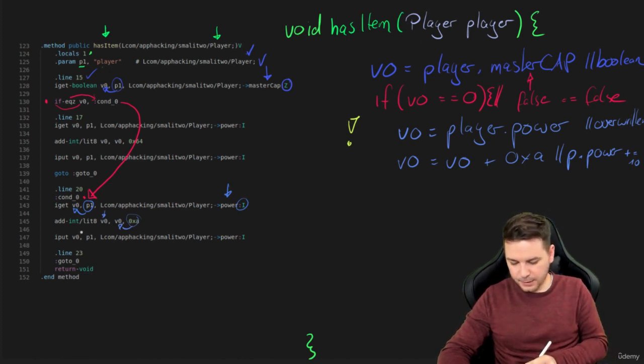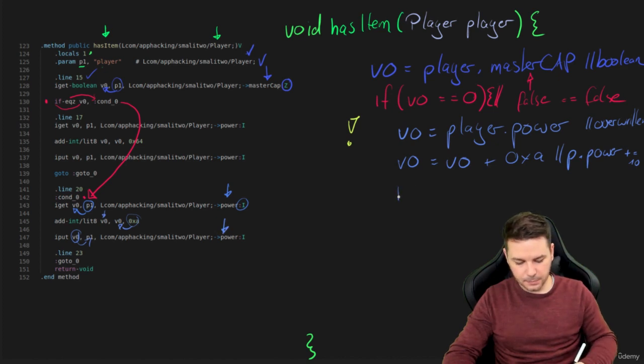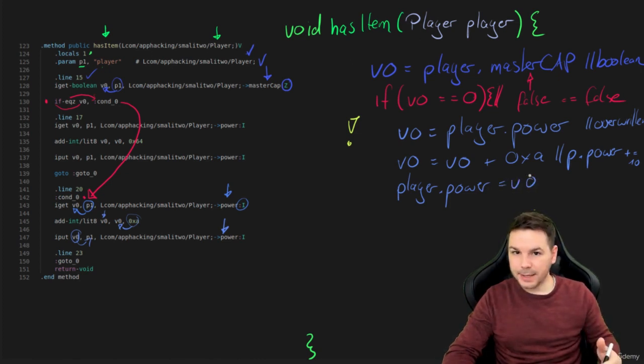And then we are getting this register and putting it back into this object P1. Our player.power is afterwards V0. And you can see this pattern once again. So yeah, keep practicing Smali and this will be even easier in the future.